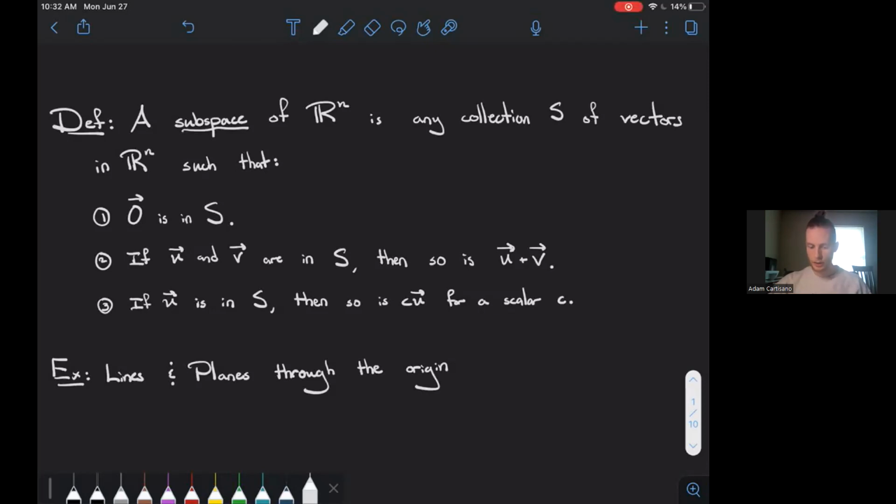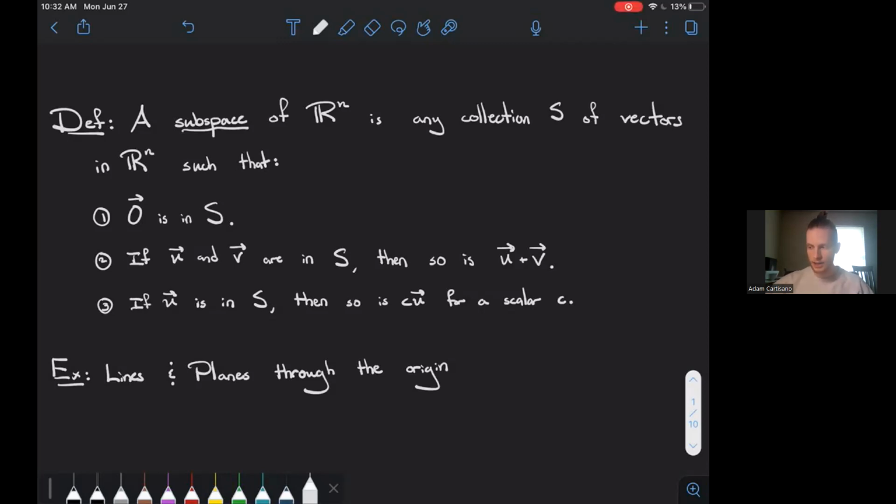Notice the second two properties are just the qualifications for linear combinations. So in other words, all linear combinations of any two vectors should be inside of your set, or any linear combination of any vectors, just generalizing.